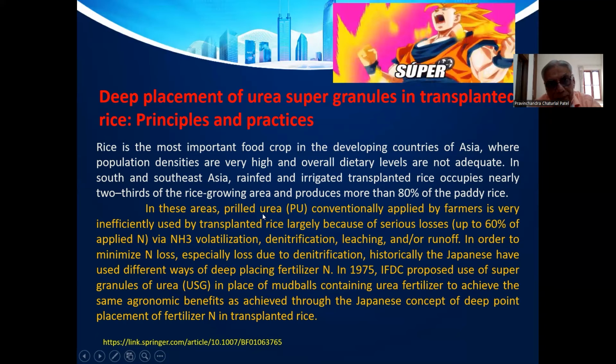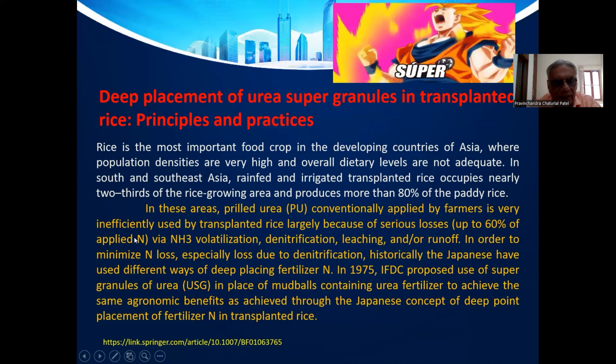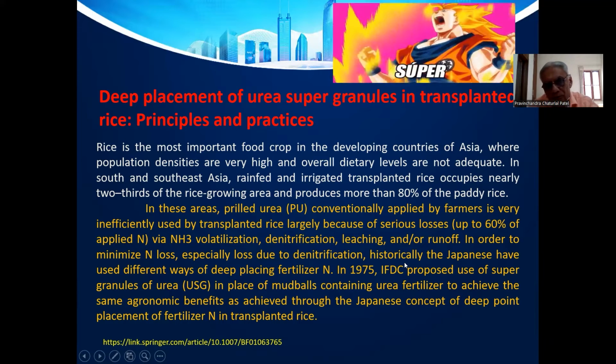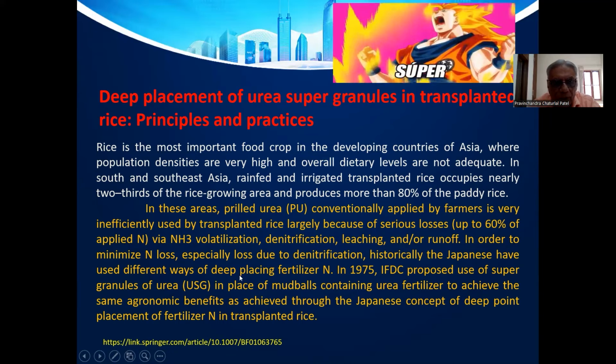In this area, urea conventionally applied by farmers is used very inefficiently by transplanted rice, largely because of serious losses of up to 60% of applied nitrogen via ammonia volatilization, denitrification, leaching, and or runoff. In order to minimize nitrogen loss, especially loss due to denitrification, the Japanese historically used different ways of deep placement of fertilizer nitrogen.